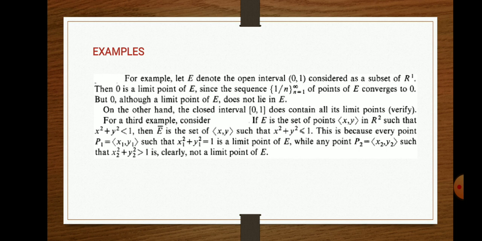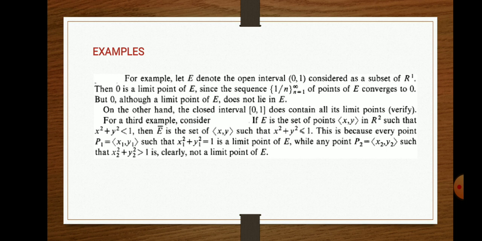But 0, a limit point of E, does not lie in E. So a limit point need not be a point of the given set E. On the other hand, the closed interval [0, 1] does contain all its limit points. Every element of [0, 1] is also a limit point of the set [0, 1]. So from this we can conclude the closed interval contains all its limit points.